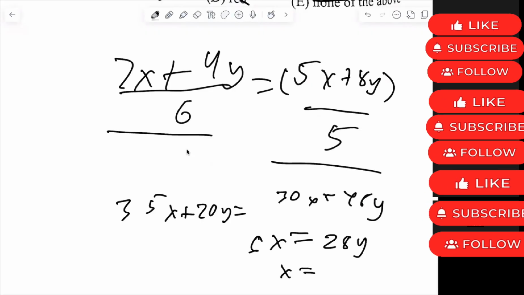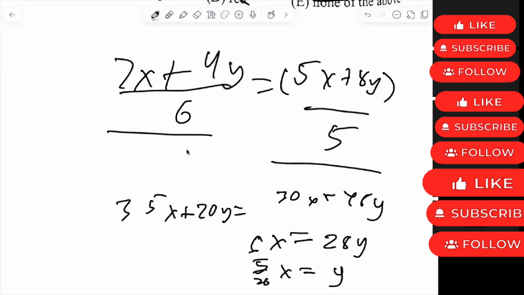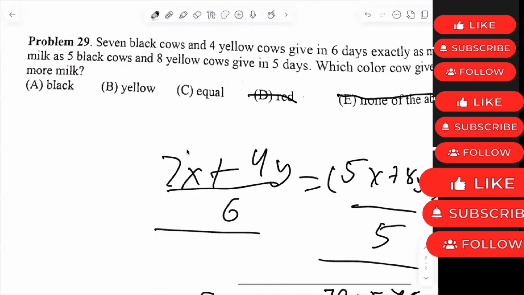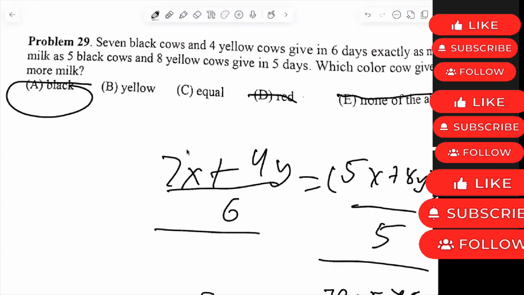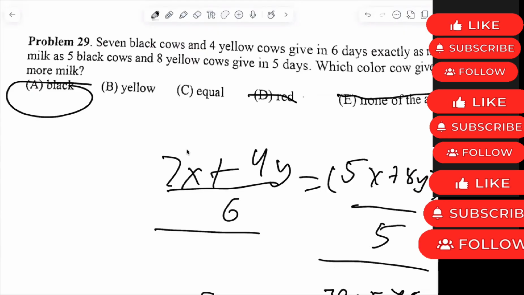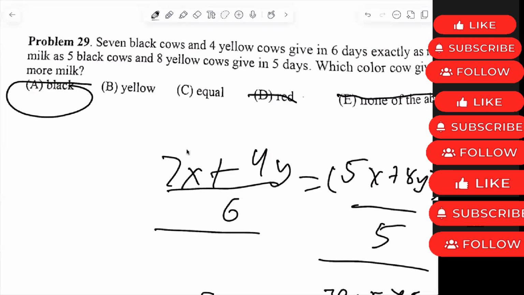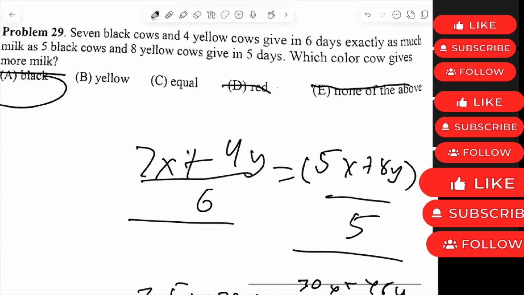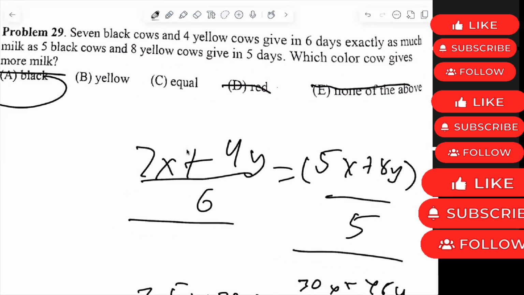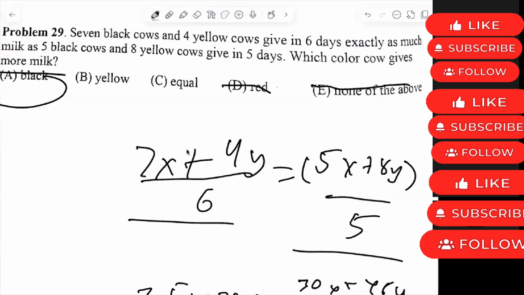So x is equal to 5 over 28 y, or black has more milk. Why? Because 5 black cows and 8 yellow cows give total milk in 5 days equal to 7 black cows and 4 yellow cows in 6 days. Well, that's just saying that the ratio per day should be the same.